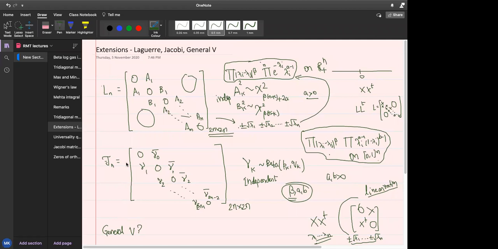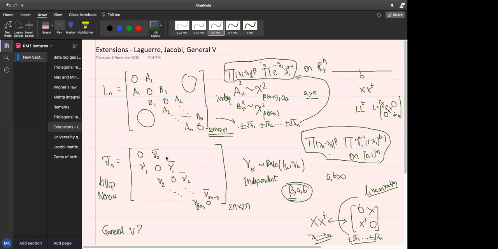The Jacobi one is written in a much more complicated way. This was not done by Edelman and Dimitriou; they left it open. Later there's a paper of Edelman and Sutton where they did something very complicated, but I don't want that. This is not what is written in that paper, but it is equivalent in exactly the way these two are equivalent. There's a bit more involved.